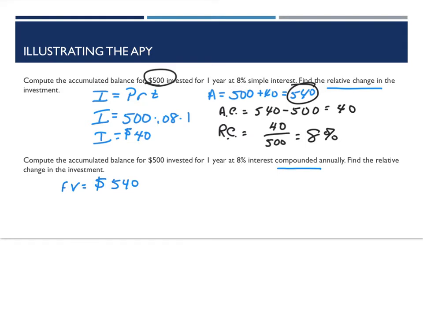If that is how much we have at the end, we want to find the relative change in the investment. Well, the relative change is going to be exactly the same as it was up here. If we started with 500 and we ended with 540, everything that we did here will repeat down here. So the relative change would be 8%.